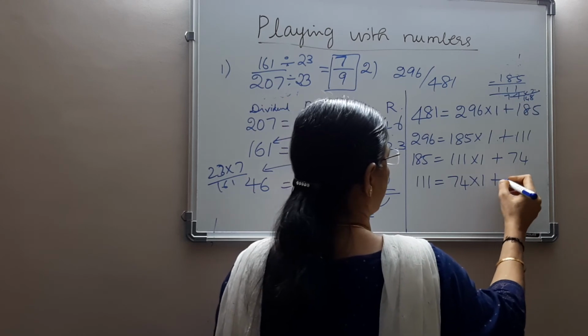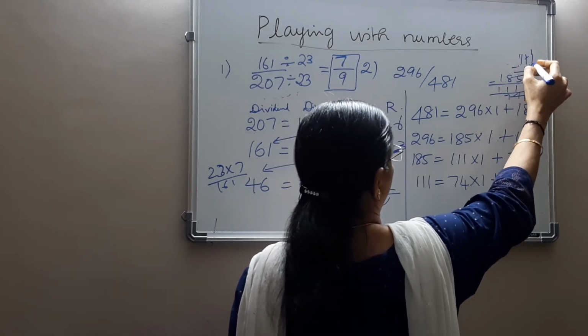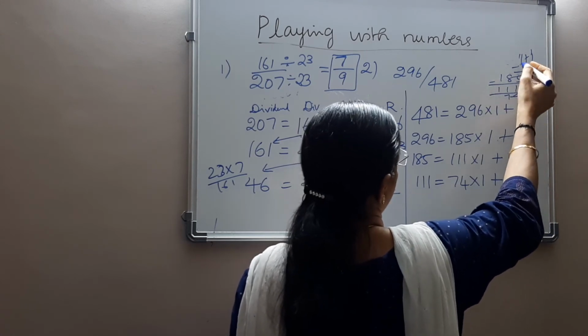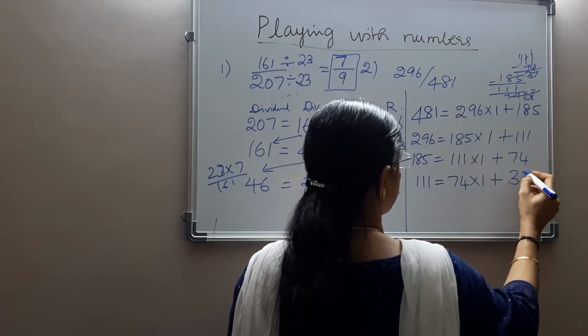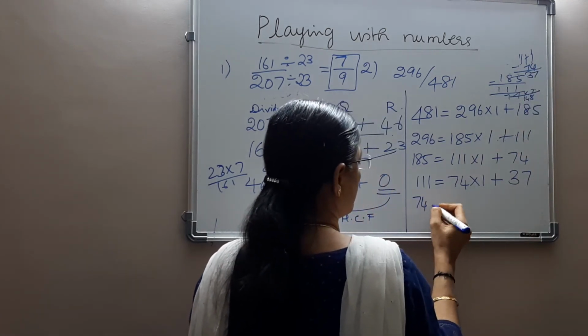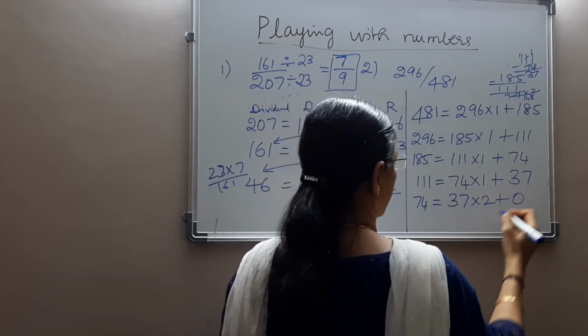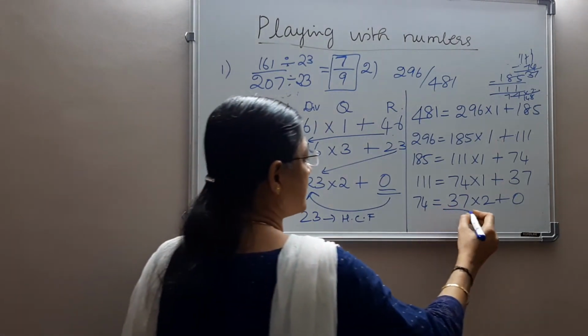So 74 into 1 plus, what is 111 minus 74? You get 37. See how it is getting reduced. 74 is equal to 37 into 2. So it perfectly divides. 37 perfectly divides 74. So you get 37 as the HCF.